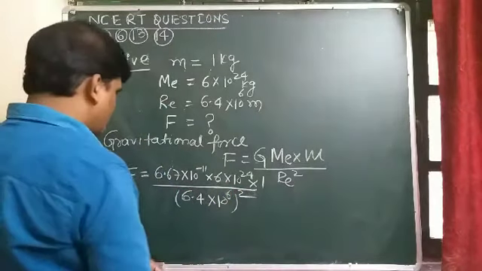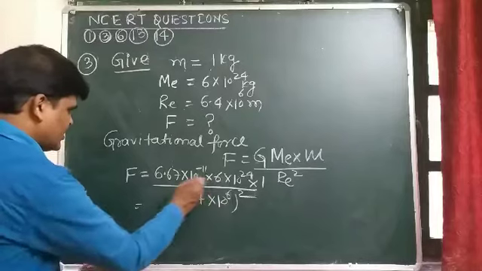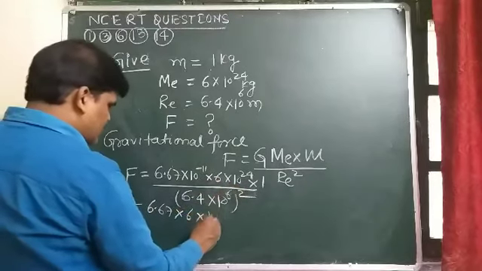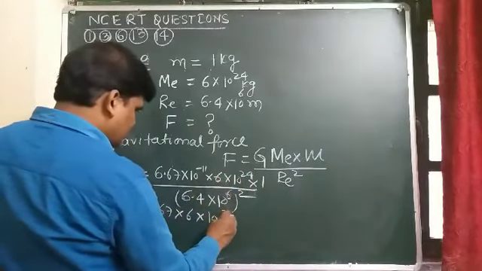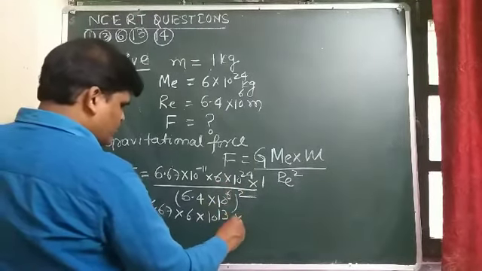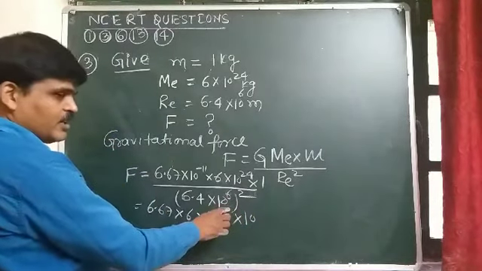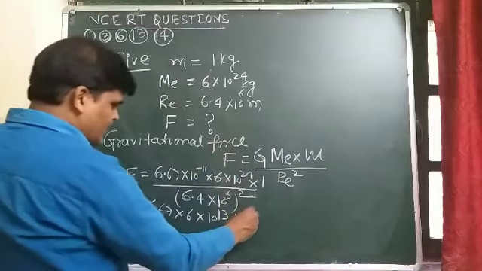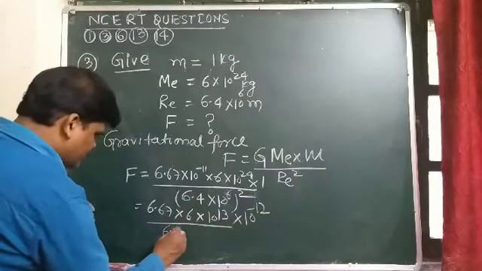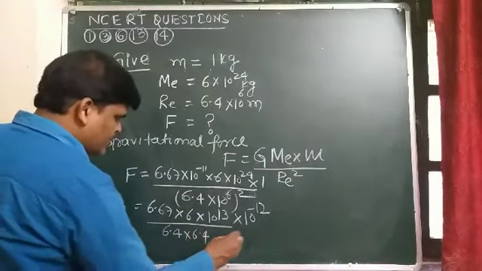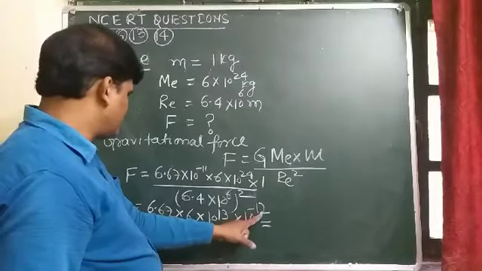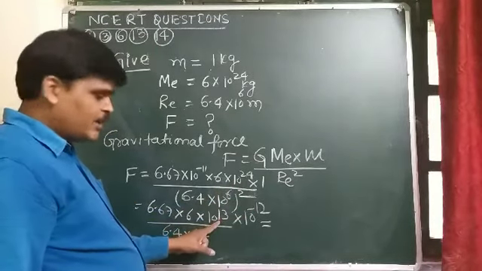And student, after solving, the powers of 10 combine: 10 to the power minus 11 and 10 to the power 24 give 10 to the power 13, and the 10 to the power 12 from the denominator moves to the numerator as minus 12, leaving 10 to the power 1.